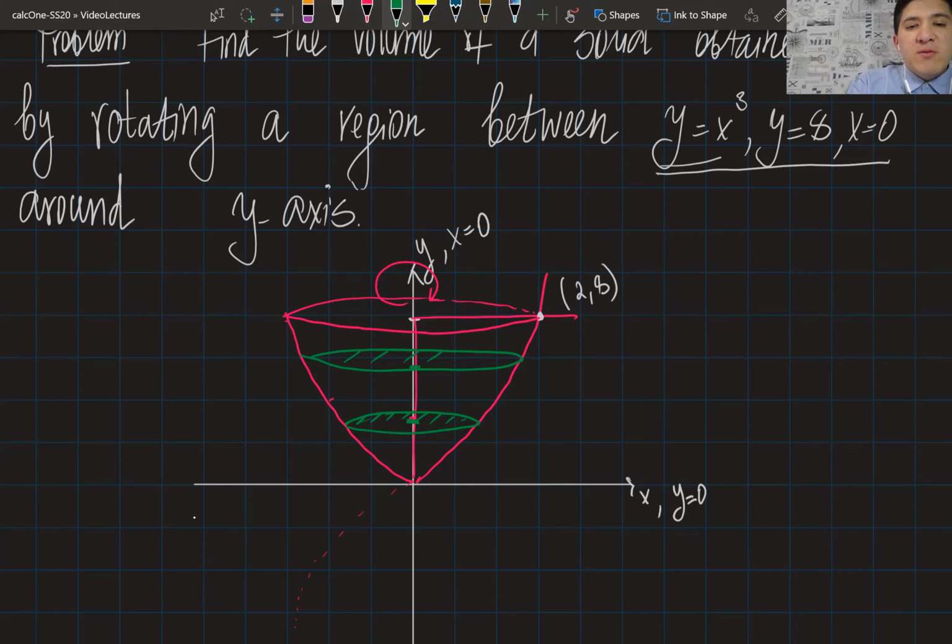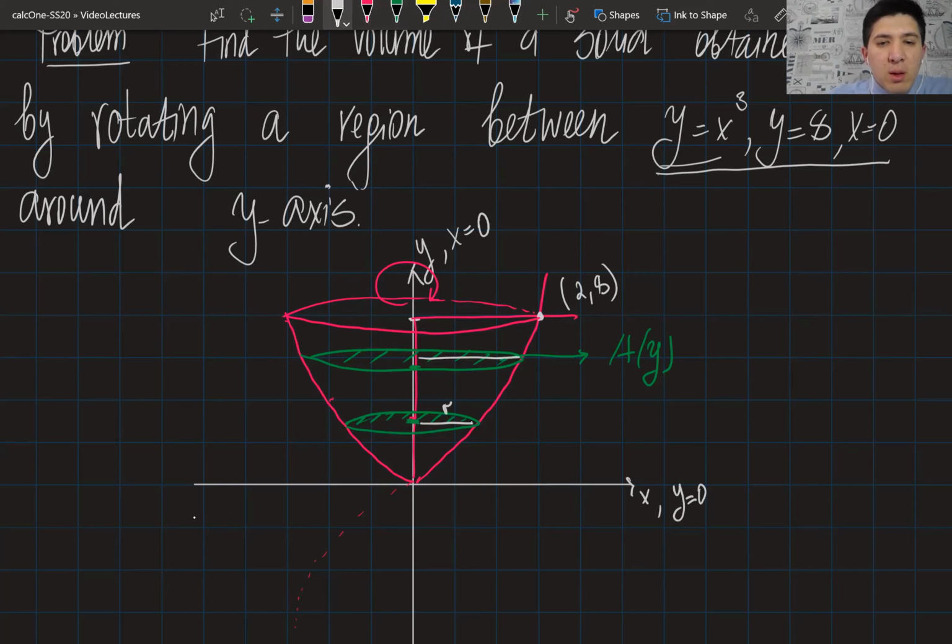So now this function of the area is going to depend on y. So at which point I'm cutting this solid. No matter at which point we're doing this, the area of the slice is always going to be a circle, and the area of a circle is equal to the radius of the circle squared multiplied by pi.